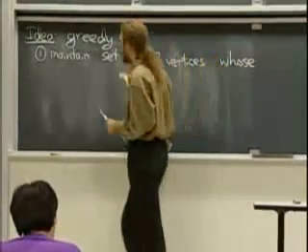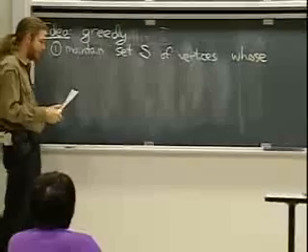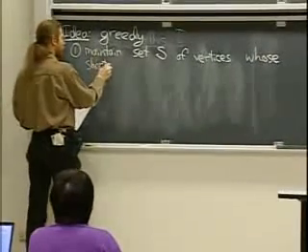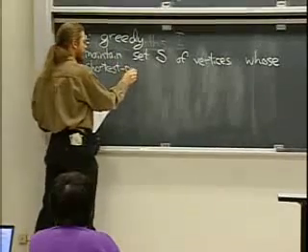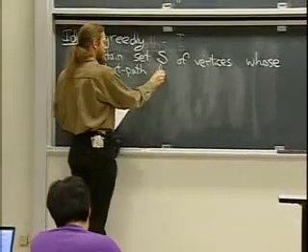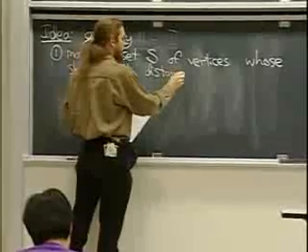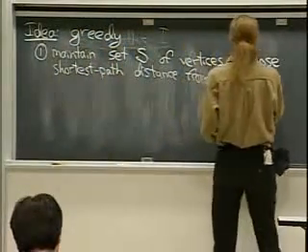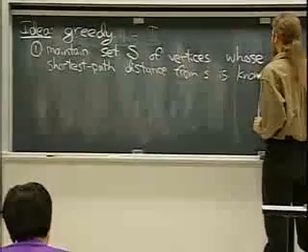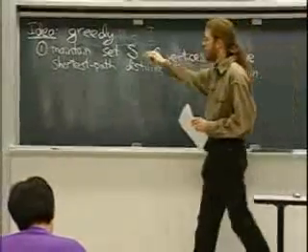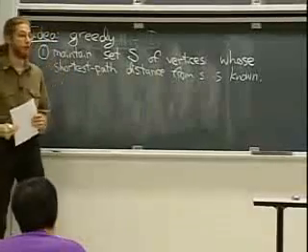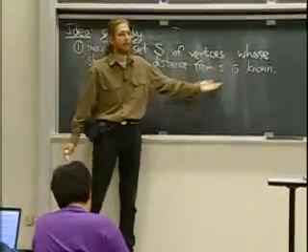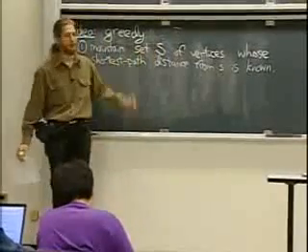And in particular, I want to maintain the set of vertices where those estimates are actually the right answer. This is little s, this is big S. So big S will be the set of all the vertices where I know the answer. What is the shortest path distance from little s to that vertex in big S?